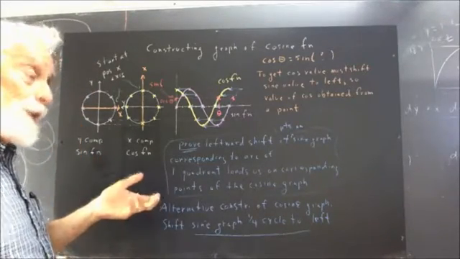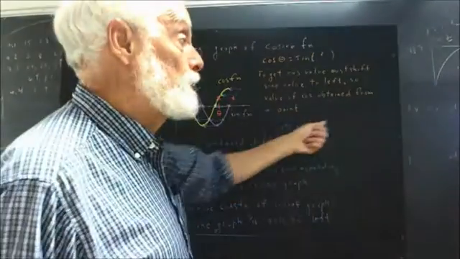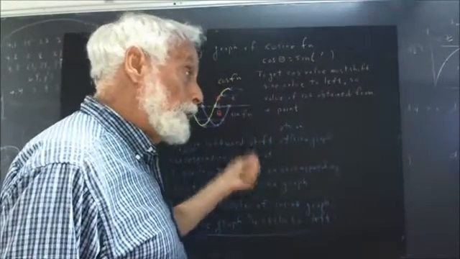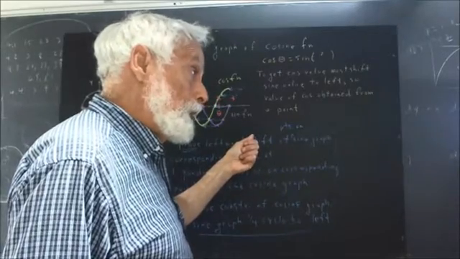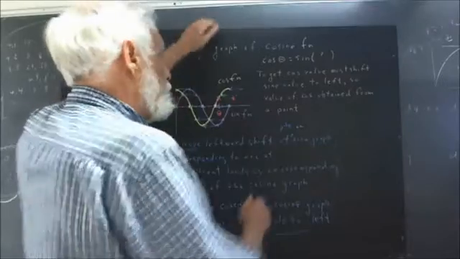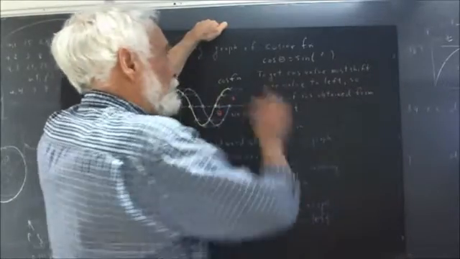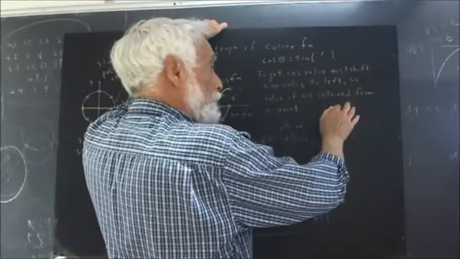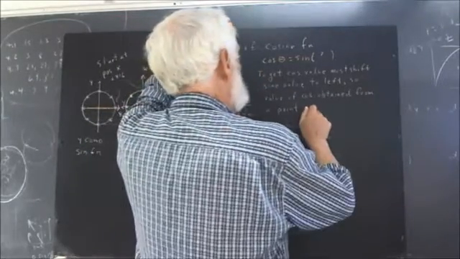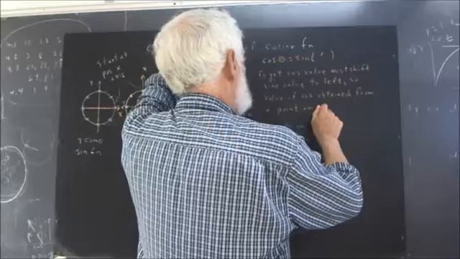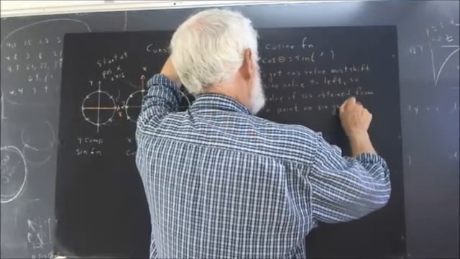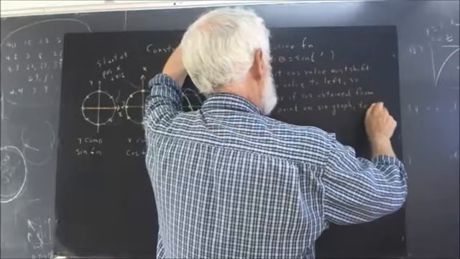Well, that point on the sine graph has to be shifted to the left to give you the value of the cosine. So if you want the value of the cosine here, you'd better grab a value of the sine off to the right. So the value of the cosine is obtained from a point on the sine graph to the right.